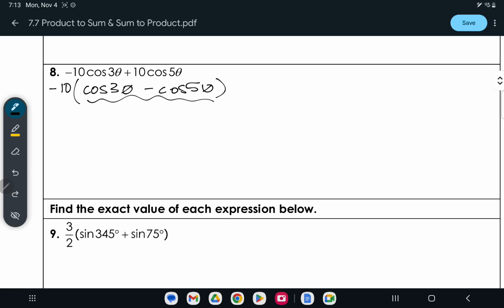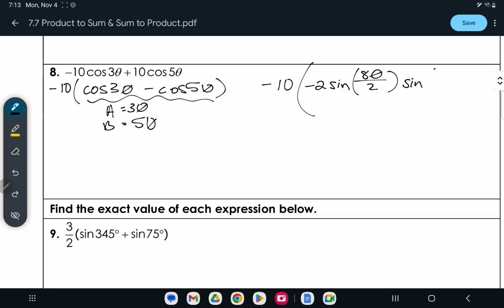And now we'll do a cosine minus cosine, where A is 3 theta and B is 5 theta, holding that negative 10 on the outside. So let's do the cosine minus cosine one. So that is negative 2 sine of (A plus B), so 8 theta over 2, times sine of (A minus B), so 3 minus 5, so negative 2 theta over 2.